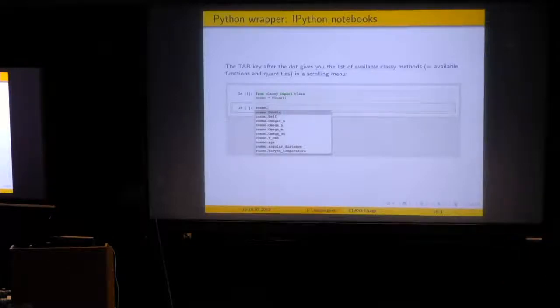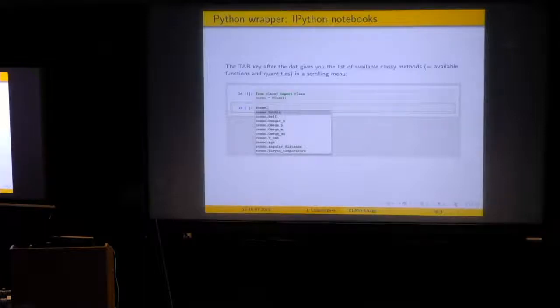Okay, now another advantage of IPython and even more Python notebook is that you can access a quick description of the function online. For instance, in this example, I have created an instance of the class called Cosmo.